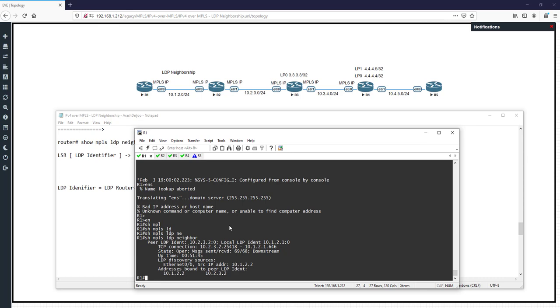Look at here, the peer LDP identifier is 10.2.3.2, that is the LDP router ID of the neighbor, and colon 0 is the label space that the labels of this router are given to us. But don't forget, in our scenarios, every time we use only per-platform label space. Because of that, every time it's 0, and the only important thing is this LDP router ID.